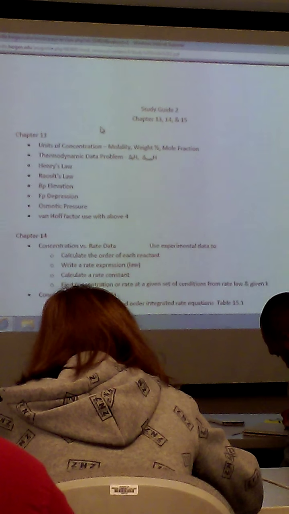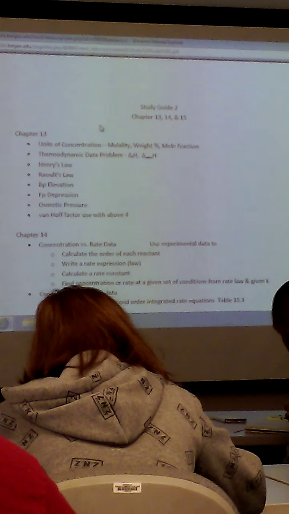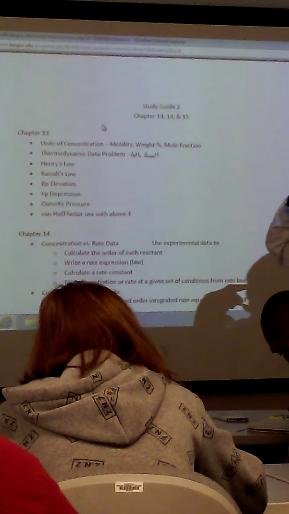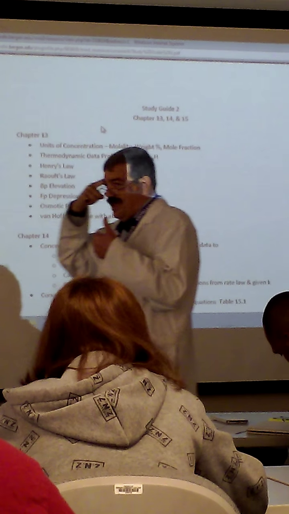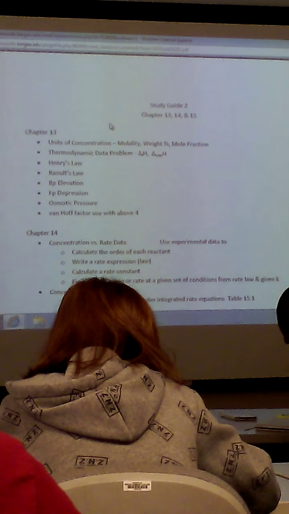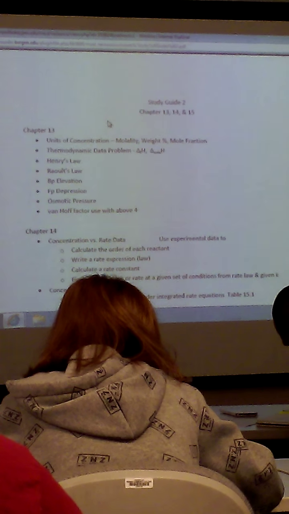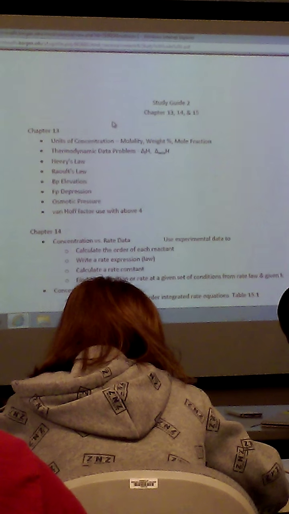Also, consider that when you're looking at those problems, you have to ask yourself, is the solute ionic or is it covalent? Meaning ionic, will it dissolve in solution into multiple particles?